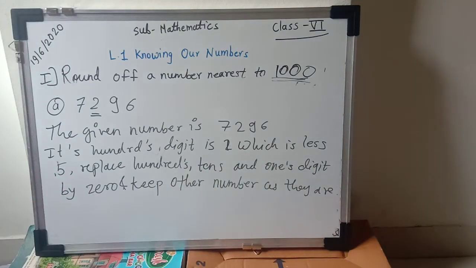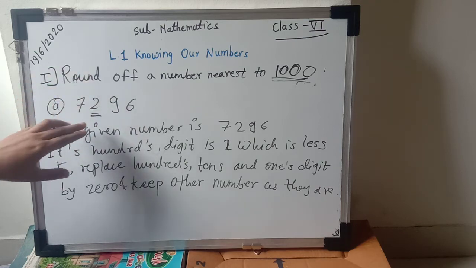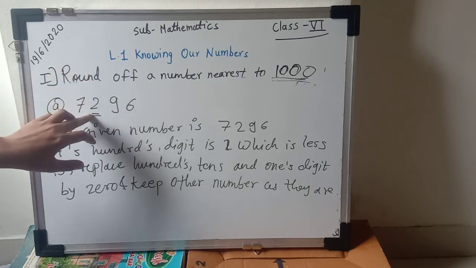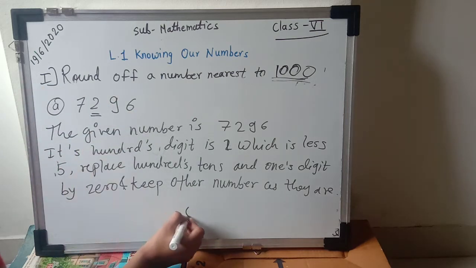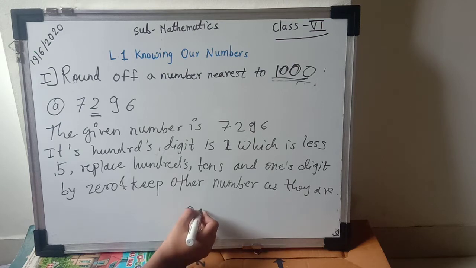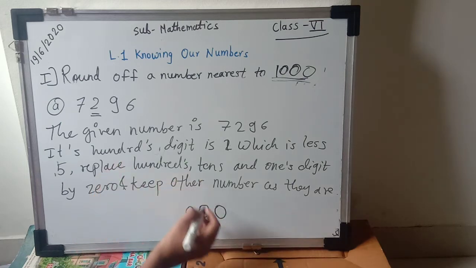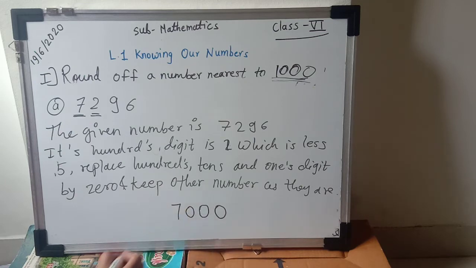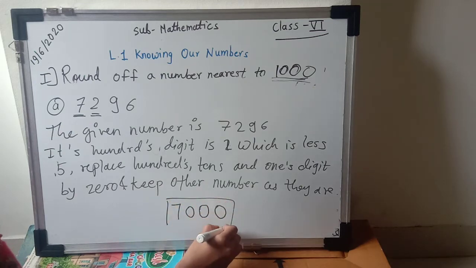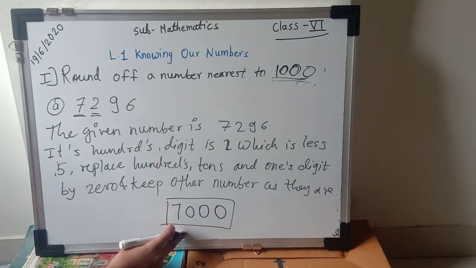Now here 2 is on the hundreds place, which is less than 5, so replace the hundreds, tens and ones digit by 0. The first 0 is replacing the hundreds digit, the second the tens digit, and the third 0 the ones digit, and the other number, 7, write it as it is. So the rounded number of 7296 is 7000.